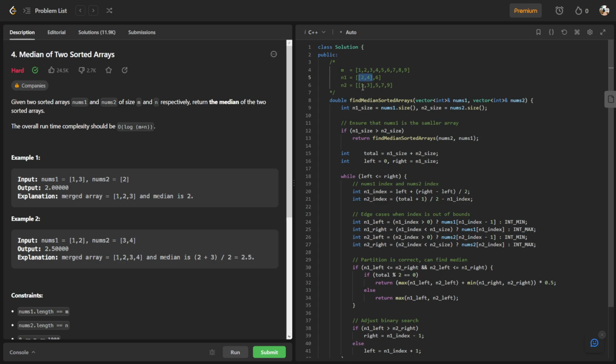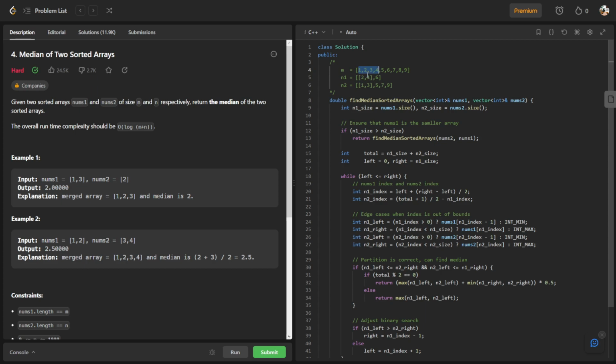So our goal is to see whether or not we can split both arrays into two partitions, and then determine whether both partitions are the same. That means both belong in the left partition of the merged array.